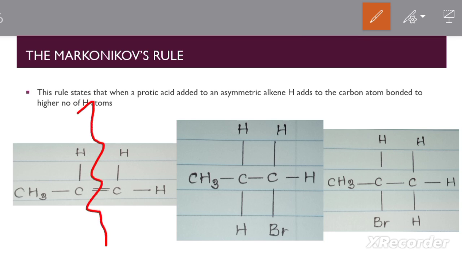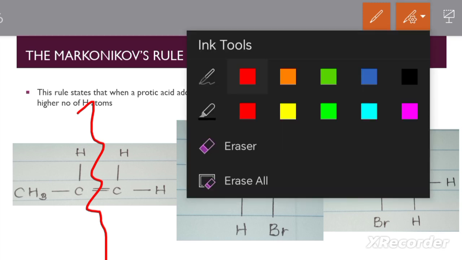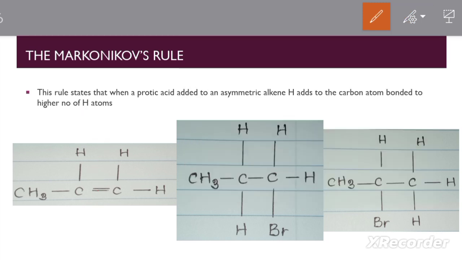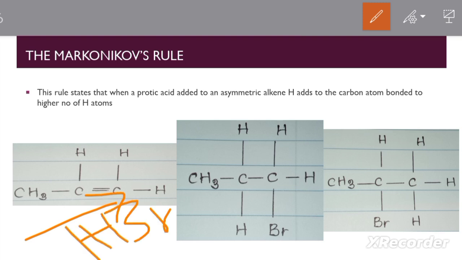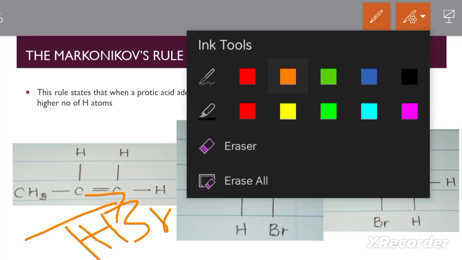When you divide this by the double bond, one carbon has two hydrogens and the other carbon has a hydrogen and an alkyl group. So that is asymmetric. And now I am going to add the hydrogen halide HBr to this one.